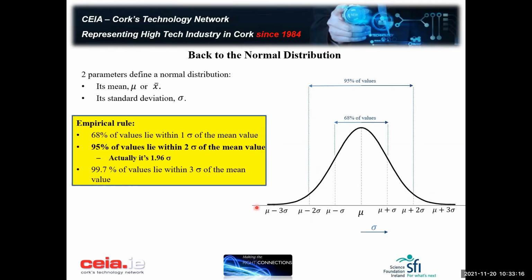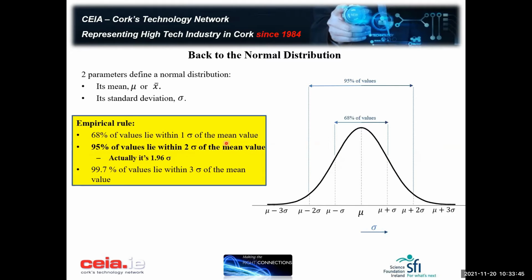It's 99.7% lie between there and there. Now, it's important to remember this empirical rule, or at least the middle one of those, which is the 95% rule. 95% lie within 2 standard deviations of the mean. Between here and here, 95%. And that will be used over and over again in statistics and in exam problems.